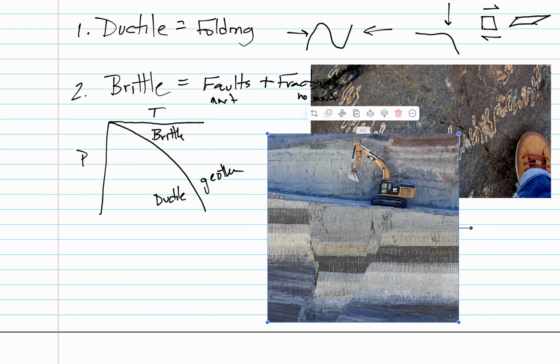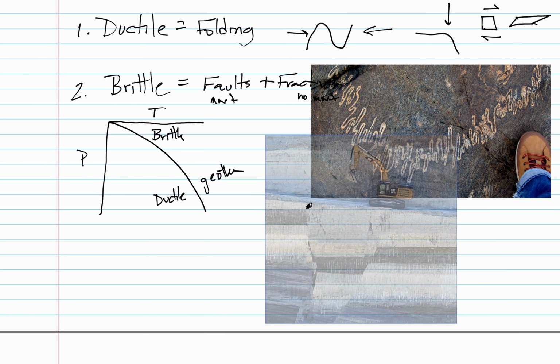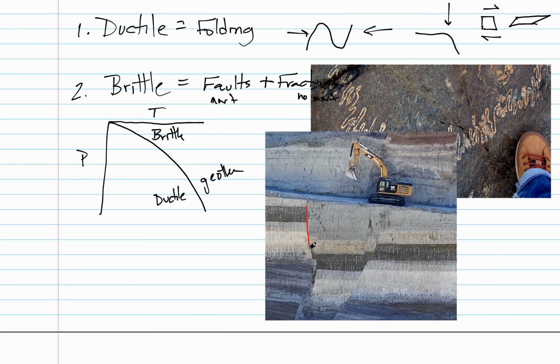The faults might not stand out quite as clear to your eye, but look at this. Here we go. In red, that's a fault. In red, that's another fault. And we can see that it's a fault because this layer matches, right? That's a continuous layer, and so we had to have broken and down dropped this block relative to the other.